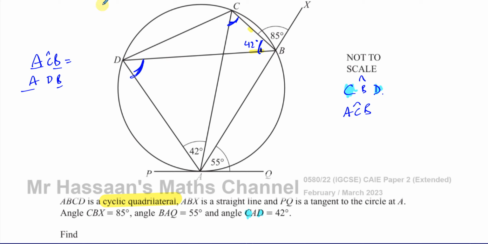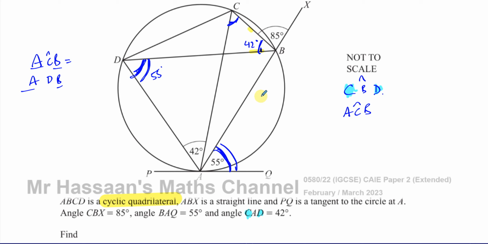One of the laws that we learn is that when a tangent meets a chord, the angle that's formed between them, which is this angle 55, the angle between this tangent and this chord, is the same as the angle that is made by the chord on the opposite side of the circle. So the angle standing on the chord, which is this angle over here, is equal to this angle. These two angles are the same, so that's 55. That's using the alternate segment theorem. There might be other ways of doing it, but that's the way that comes to my mind directly.